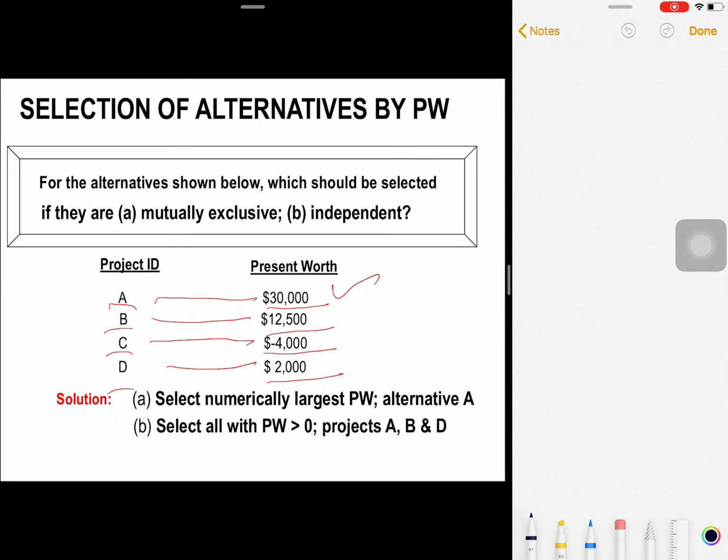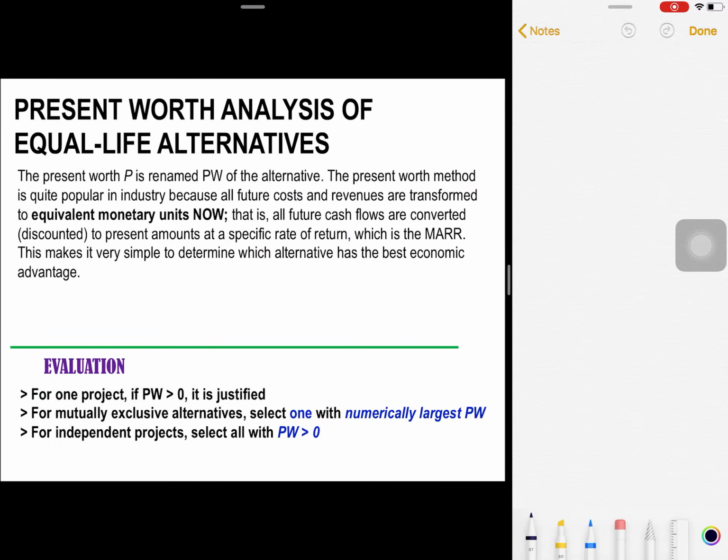Okay, which is the numerically larger? Which is A. Number B. Select all PW above 0. Project A, B, and D. So we will omit C because C is negative.